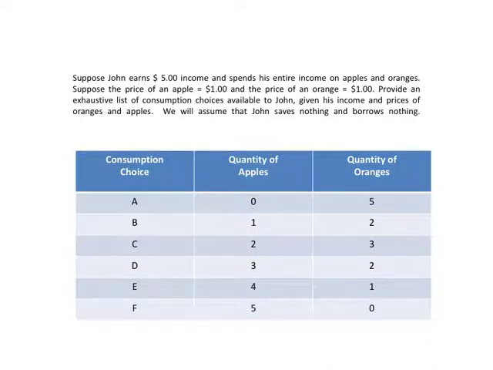Suppose John earns $5 as income and spends his entire income on apples and oranges. The price of an apple equals the price of an orange, which is $1. And we still assume this person saves nothing and borrows nothing.